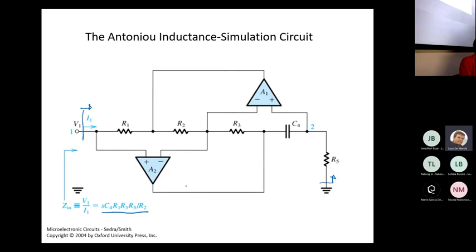So the bottom line is that you have S, which multiplies something else, which is the typical expression that you have for impedances associated to inductive behaviors. So your L in this case is given by this factor.